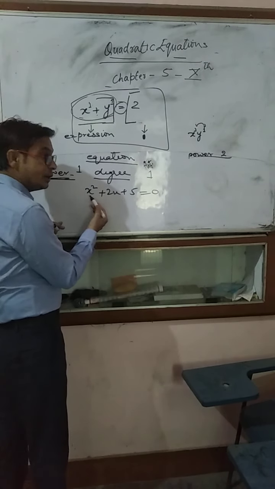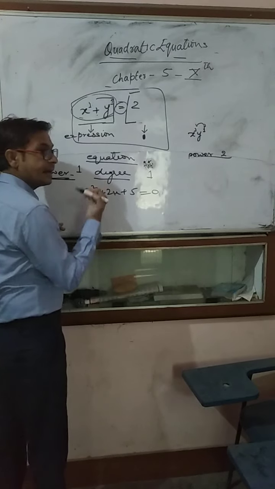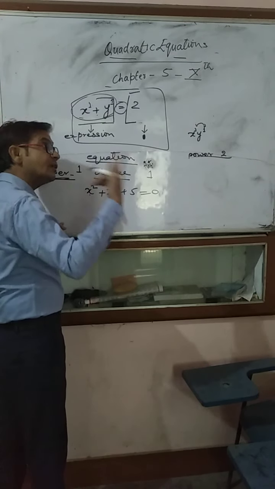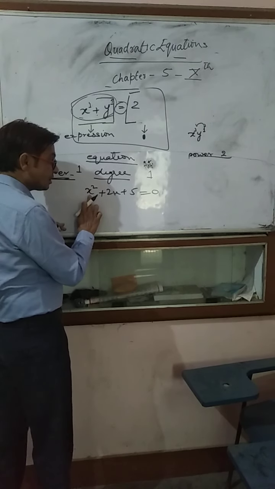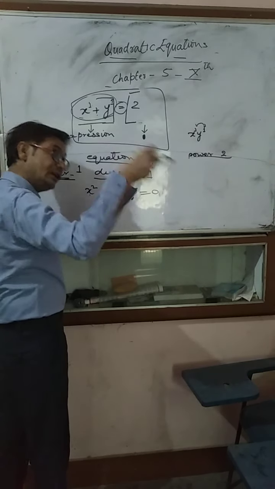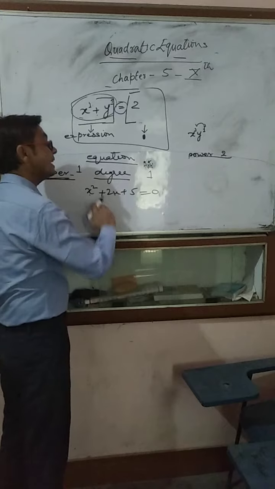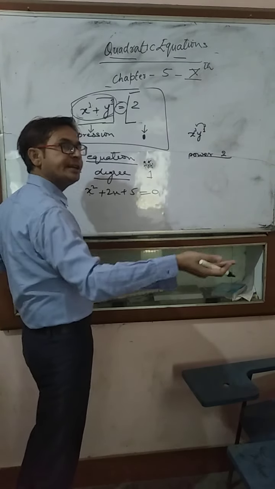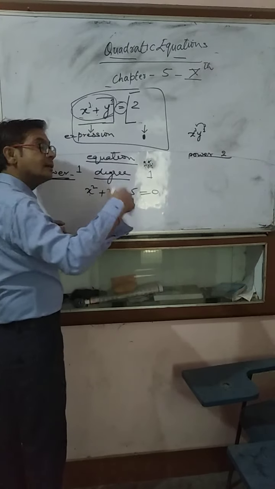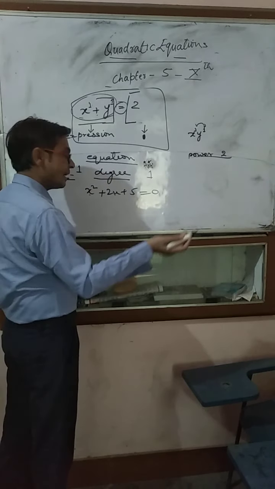Now see, there is only one variable, x. One variable means you will not say that there are two variables x and x. x is only one variable. Any other variable would be y, z, a, b.